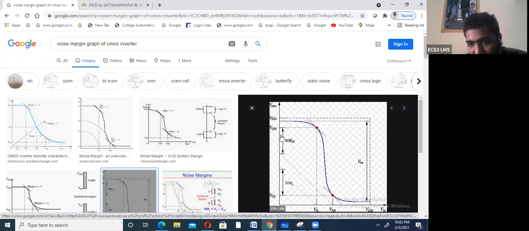For the NMH value, from VOH to VIH, the noise margin range is like this. For logic level 1 and for 0, this is the range based on the NMH value. NMH value you will get below VOH, NML value you will get above VOL. Based on that, the range will be decided. This is the margin of any inverter design.